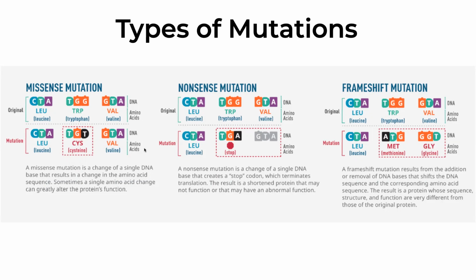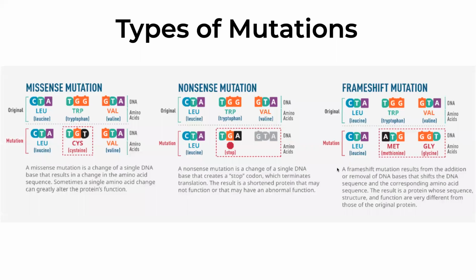Some amino acids have different physicochemical properties, and so the bigger that change from one property to another property, the bigger the impact on the protein that it produces. Nonsense mutations create a stop codon that terminates translation. In other words, you can get a shorter sequence. So just by changing specific nucleotides, you will get a very different protein that might have a very different function. And then you have frame shift mutations.